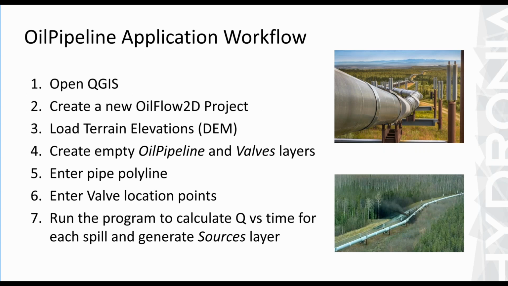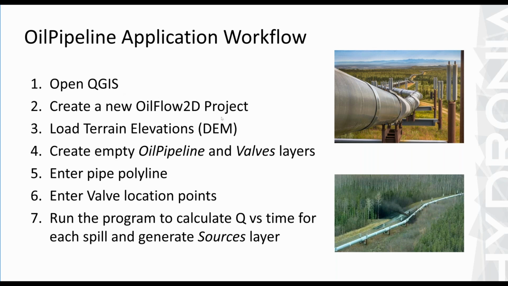Now, the application workflow for the use of the oil pipeline module includes the use of QGIS, which is the basic software that we use for pre-processing and post-processing. And in this QGIS system, we have developed the plugin that computes all of the variables in the oil pipeline module.